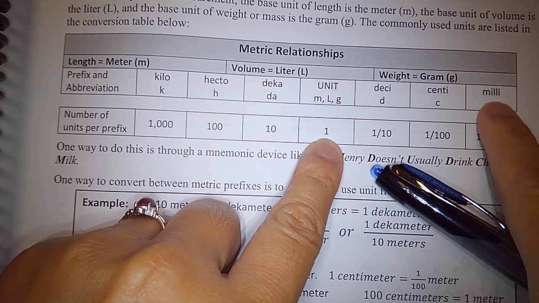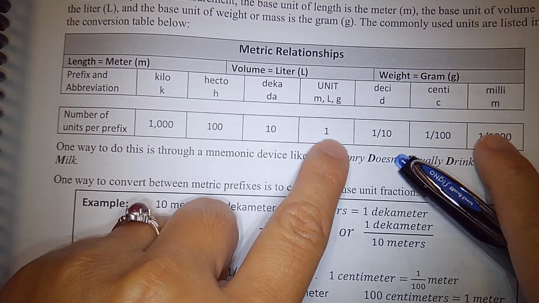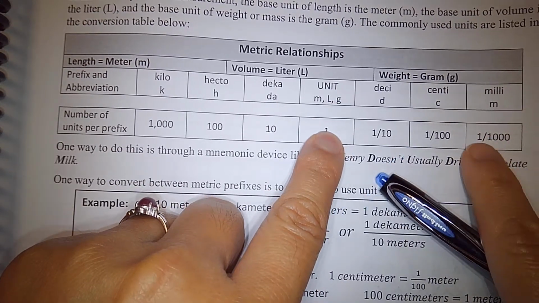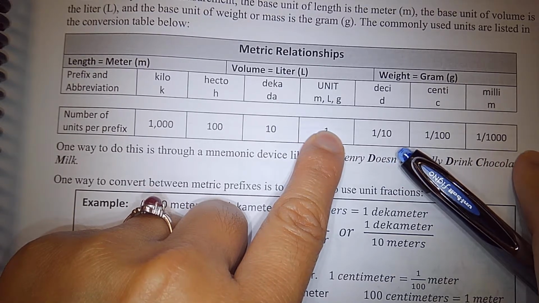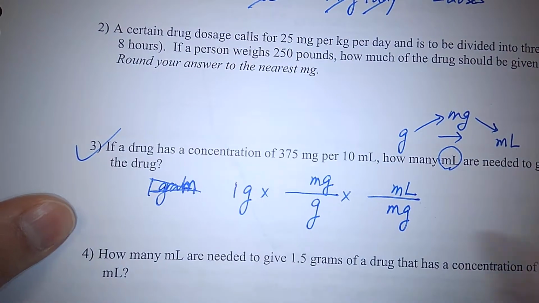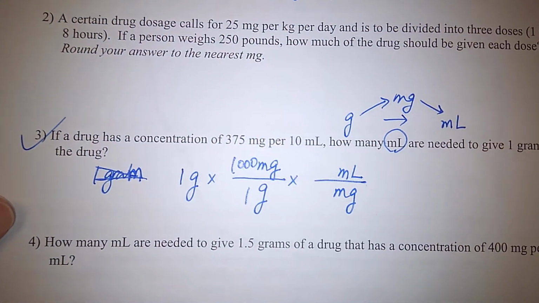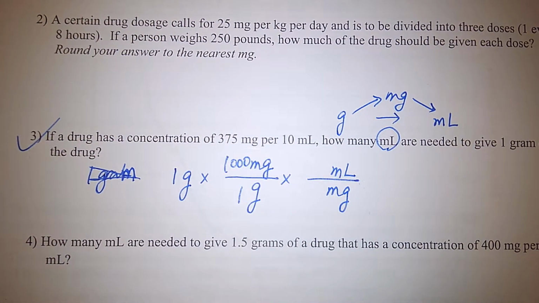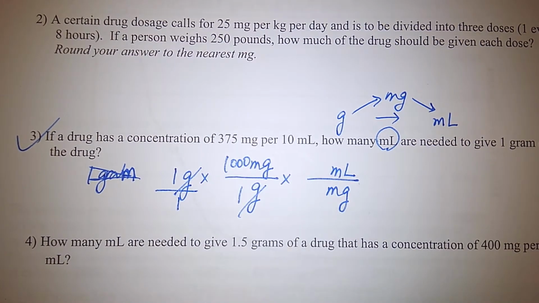Every 1 mg equals 1,000th of a gram. Reversely, every 1 gram equals 1,000 times of mg, right? So every 1 g equals 1,000 mg. This way, G is gone.